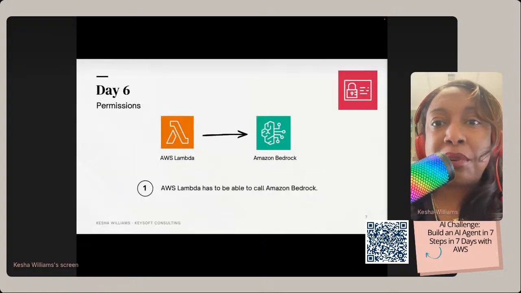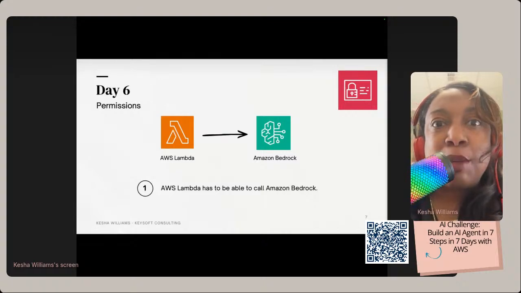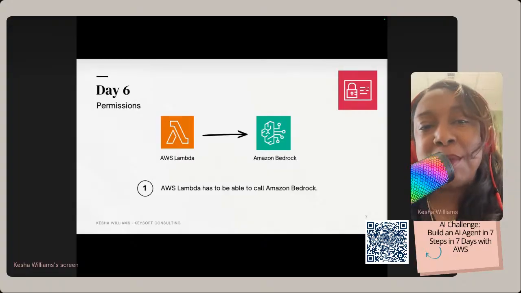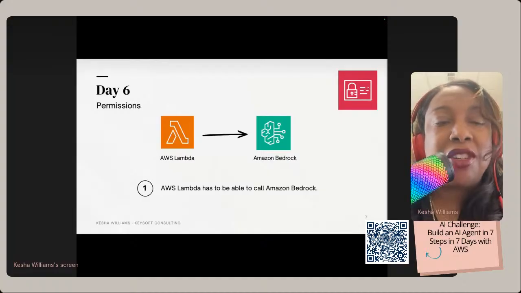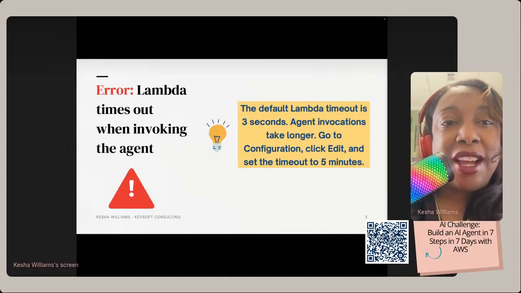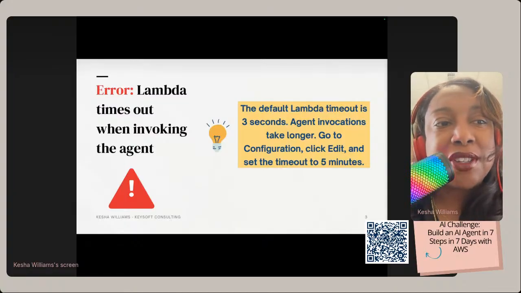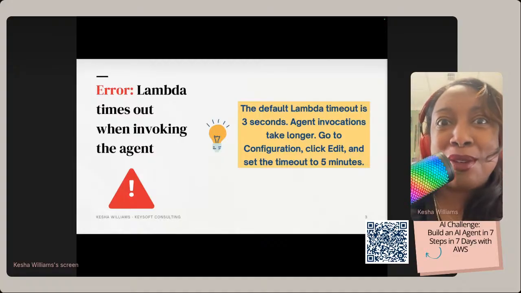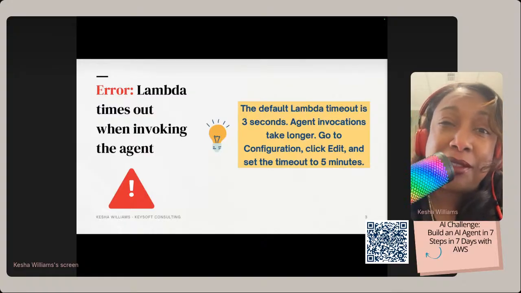There are some permissions that need to happen on day 6. The AWS Lambda that you've created has to be able to call Amazon Bedrock, so it's going to need the Bedrock invoke agent permission, and you set that up through IAM. You may encounter a few errors on that day. First, your Lambda may time out when trying to call that agent. When you first set up a Lambda, the default timeout is 3 seconds.